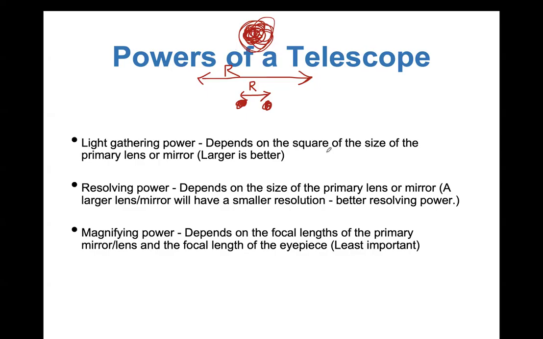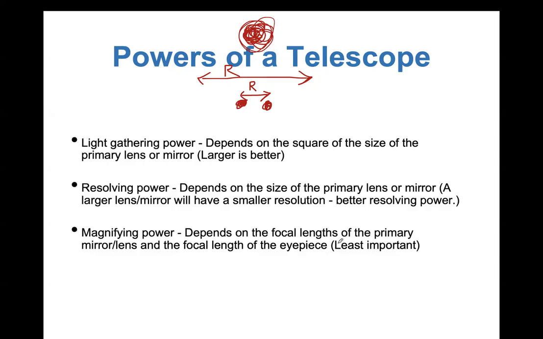And last, which I already mentioned in passing, was the magnifying power, the magnification offered by the telescope. And this depends not at all on the size of the lens or mirror. Instead, it depends on the focal length, which is the distance between the mirror and the secondary mirror or between the two lenses.